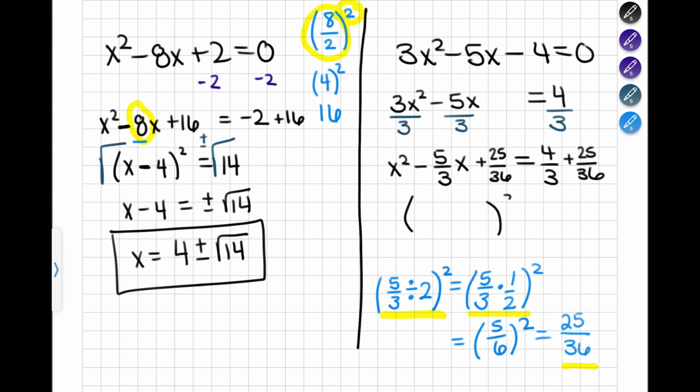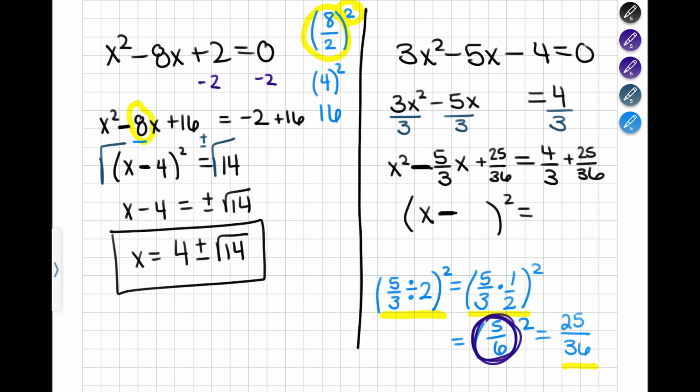And the reason we complete the square is because now this left-hand side can be factored as something squared. It's always going to be x, and then the sign is going to be the same sign you see in front of your linear term. So minus 5 thirds, so I know it's going to be a minus. And when you factor, it's always going to be x plus or minus whatever number you squared.